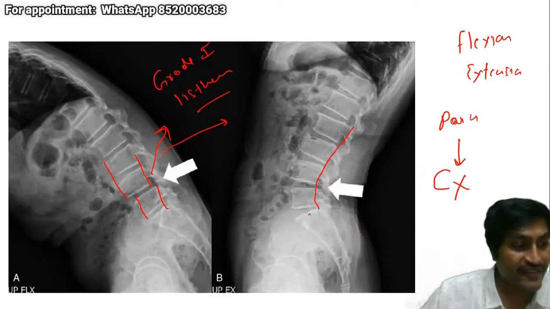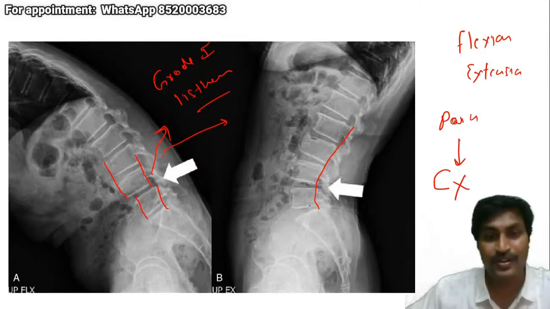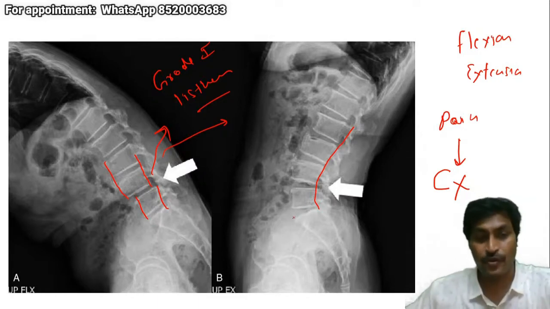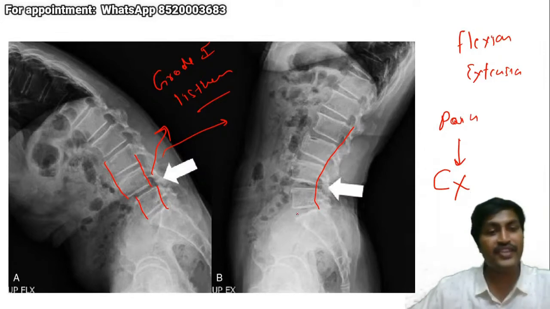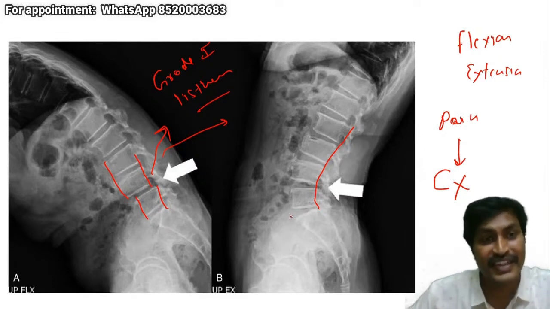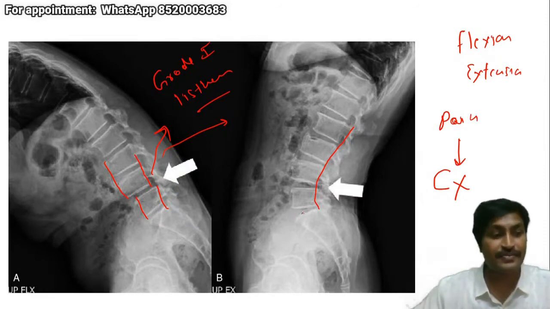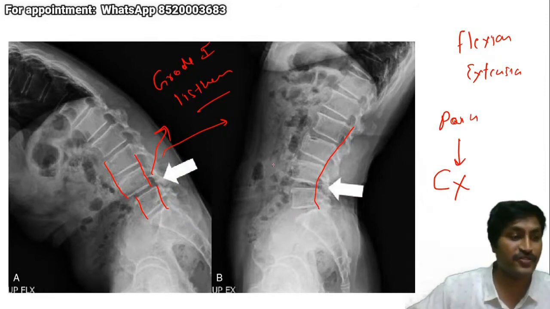Someone is asking whether pain gets worsened in retrolisthesis or in anterolisthesis. It's not so. Every time you'll have to get a flexion extension view. If the spondylolisthesis is getting worsened in flexion, then you will advise him not to flex. If the listhesis is getting worsened in extension, then you will ask the patient not to extend. So this particular patient, you will ask him not to flex.